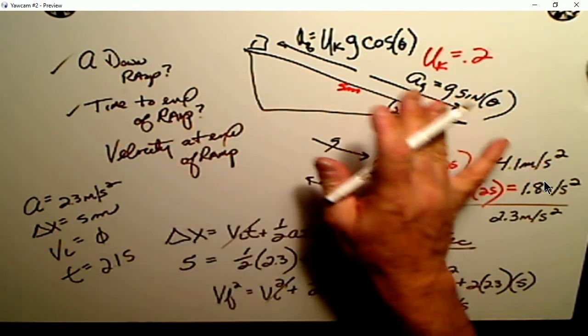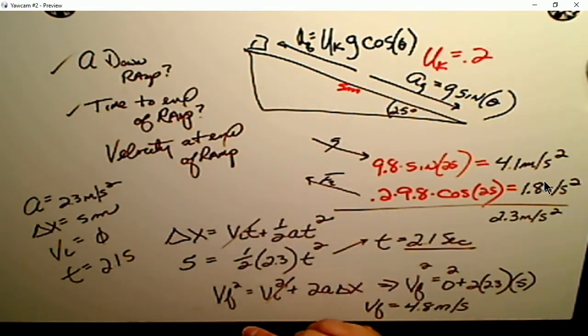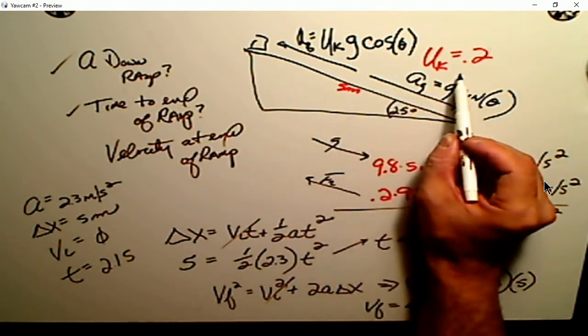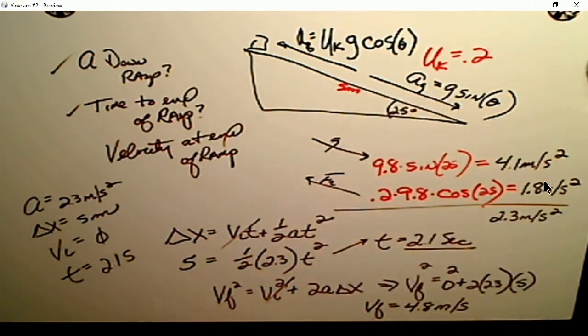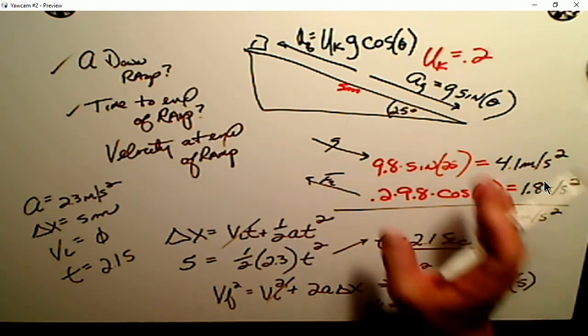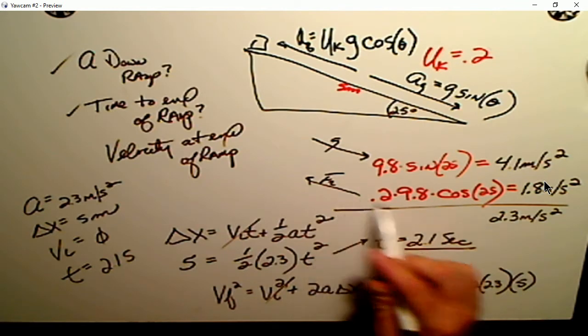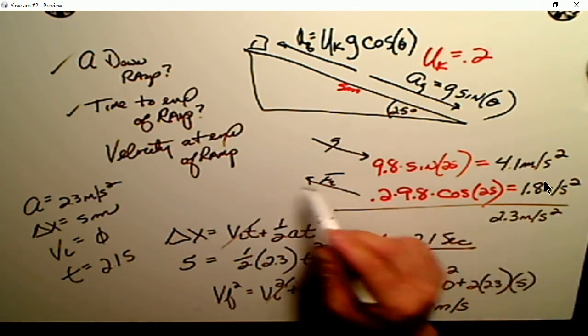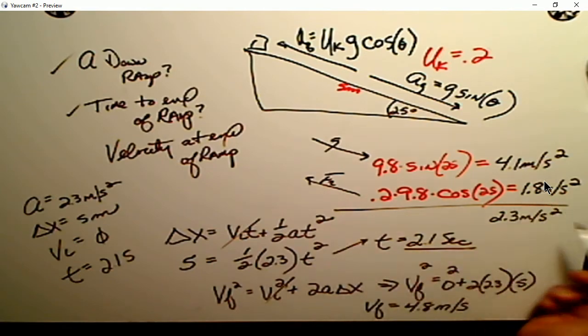So, look at this problem, analyze it carefully, and what you do see is that if this coefficient of friction was higher, let's say it was on rubber, something very, very sticky, the friction may be higher. The frictional force and the frictional acceleration may be higher.